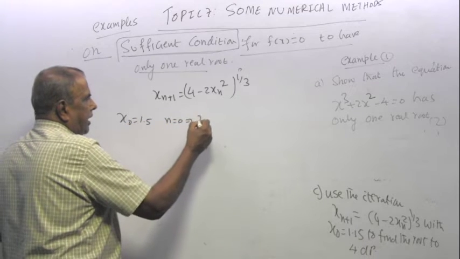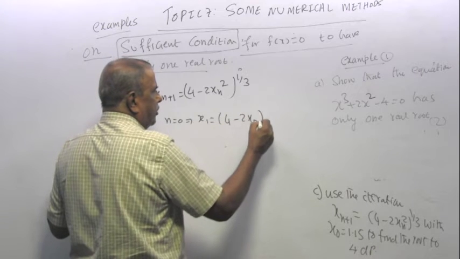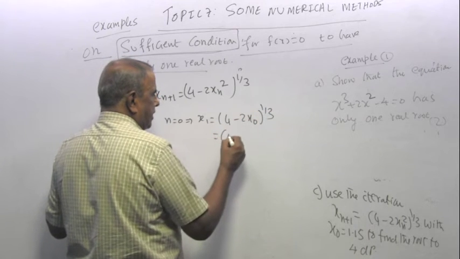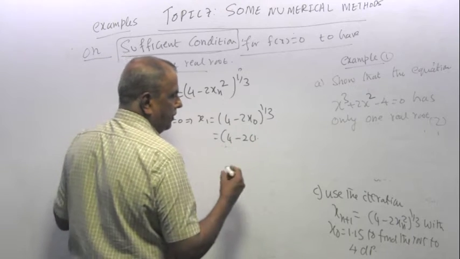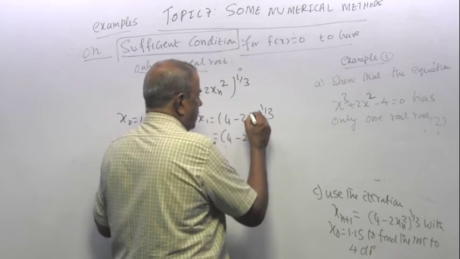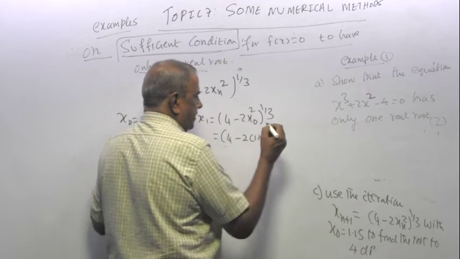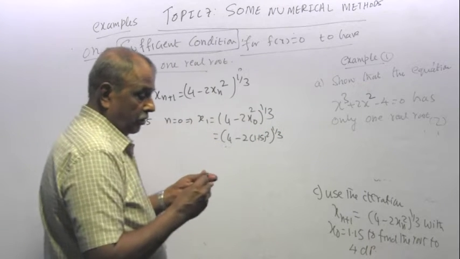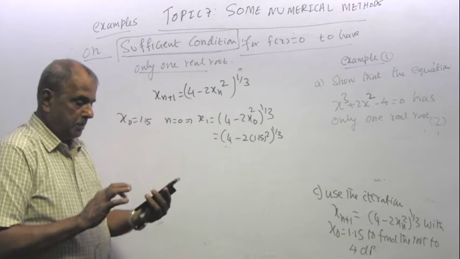What do you get? x1 equal to cube root of 4 minus 2 times x naught squared, that is 4 minus 2 times 1.5 squared, power 1/3. As I told you, show the first substitution.